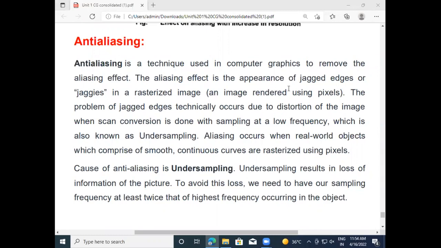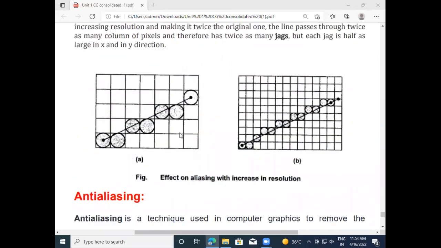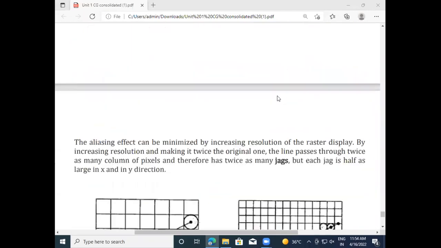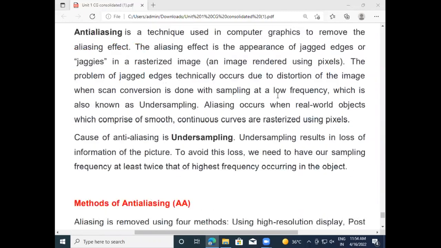This kind of image we have already seen; it is the jagged image that appears.